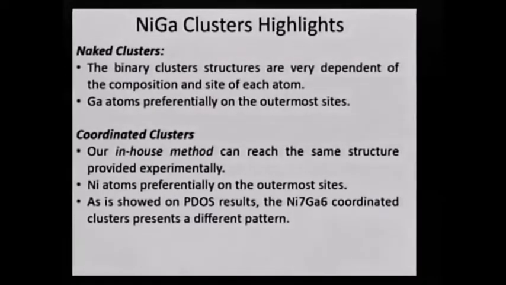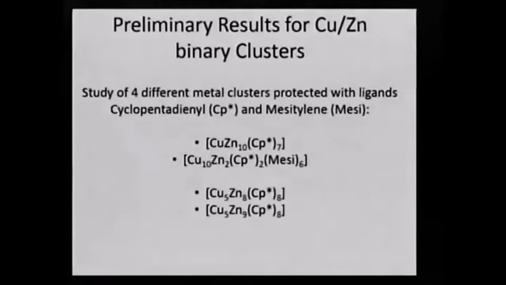So now I just finished the calculations about copper and zinc binary clusters. We started calculations for 4 different metal clusters. These initial configurations are provided by X-ray, provided by Max Schultz here.